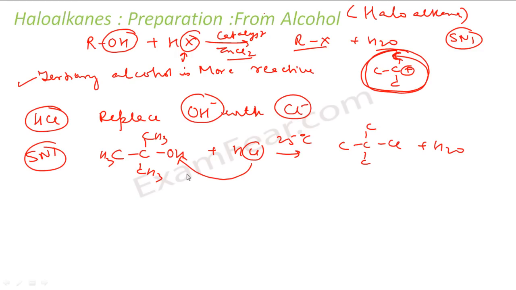And it's a very slow process. Then Cl minus will take this position. So I have this compound, you can add H here, and it will be a very slow process.